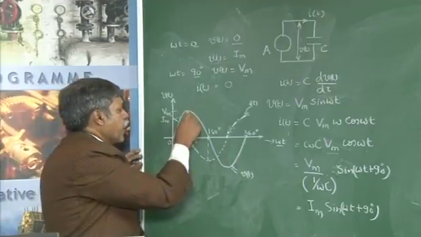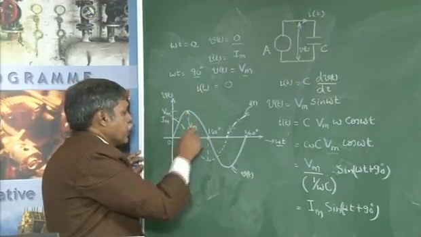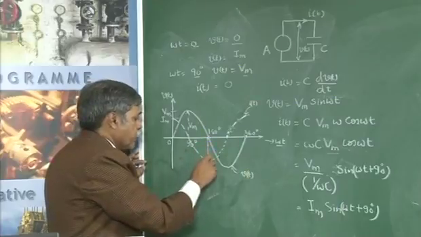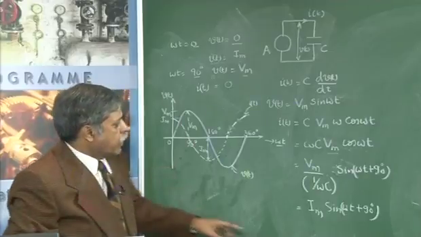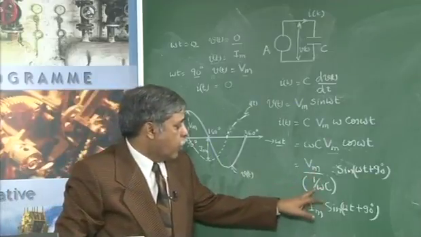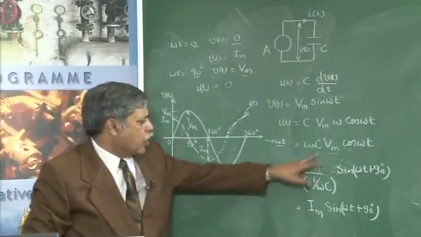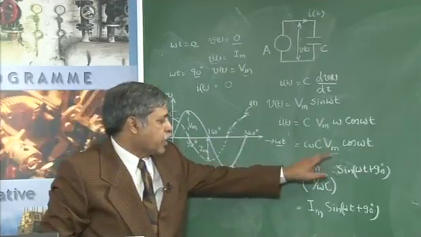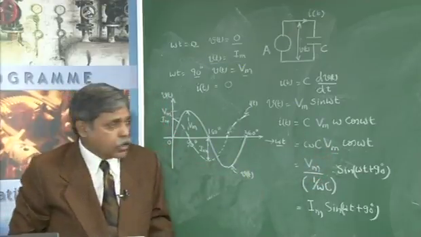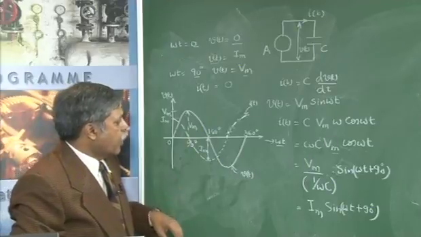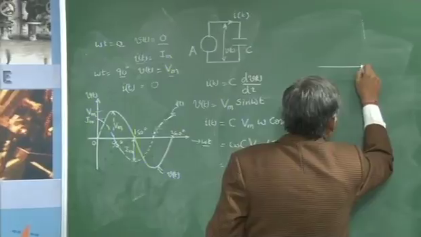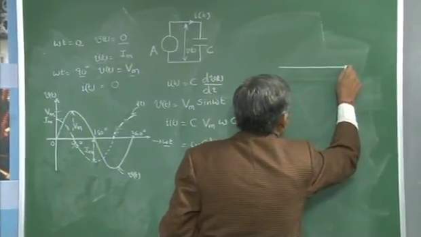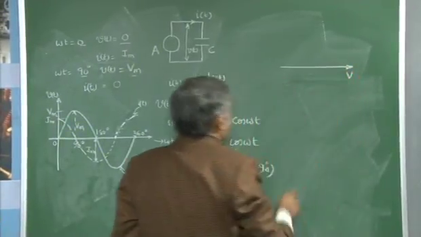Here the maximum value of the voltage is Vm, and the maximum value of the current is Im. Im is given by Vm upon 1 over omega c, or you can also write this expression for the current Im. Now I can also draw the phasor diagram taking the voltage as reference V, the RMS value of the voltage.